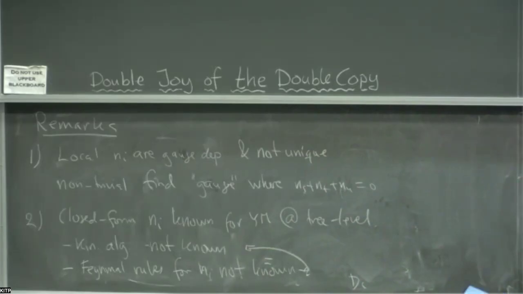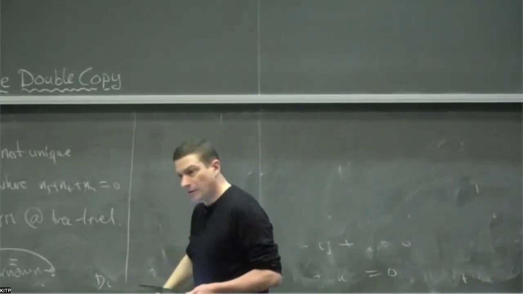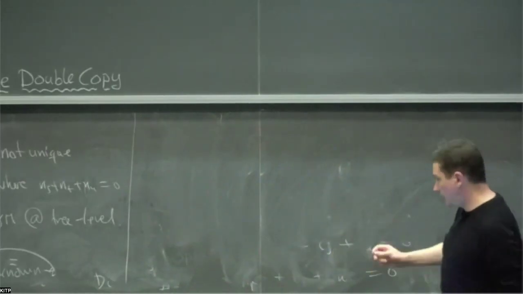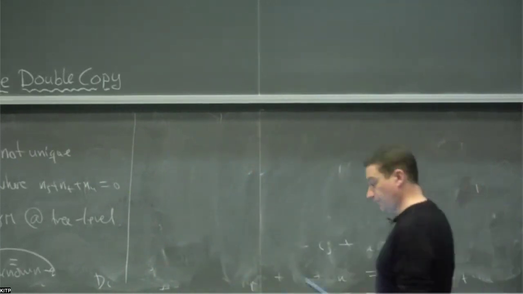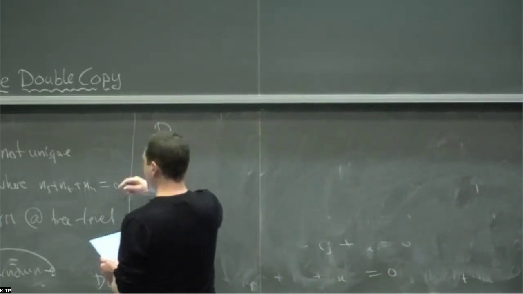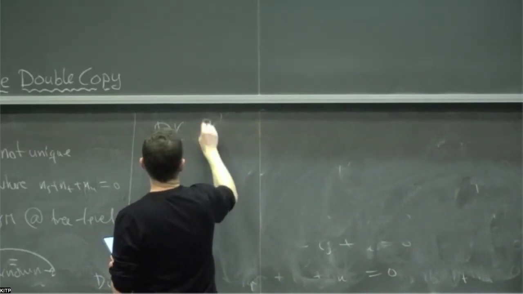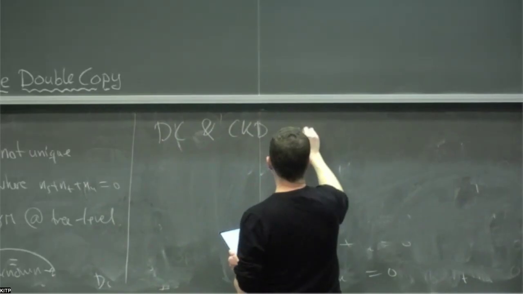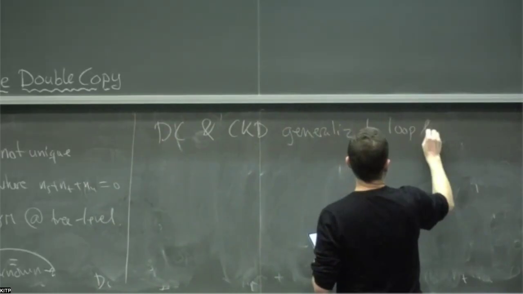Okay. The next remark is that so far I only talked about tree level. I mentioned loop level a little bit. And loop level is basically automatic in the sense that the rules of the game are the same. So double copy and color kinematics duality generalize.